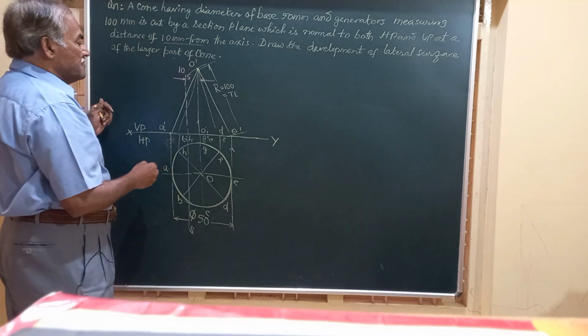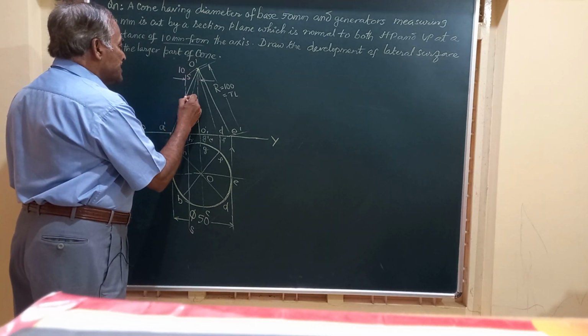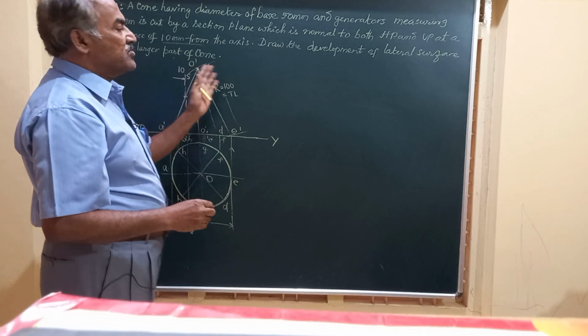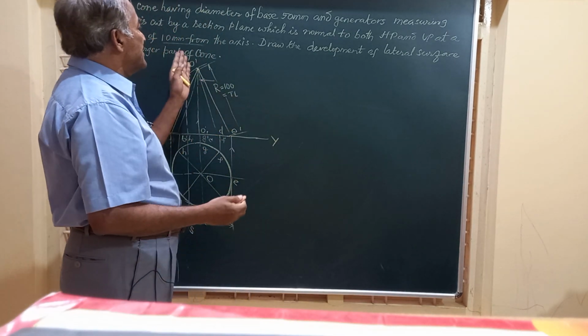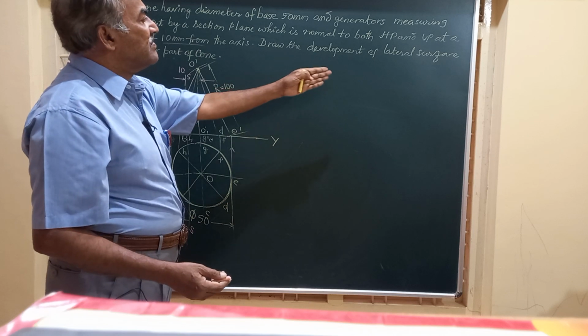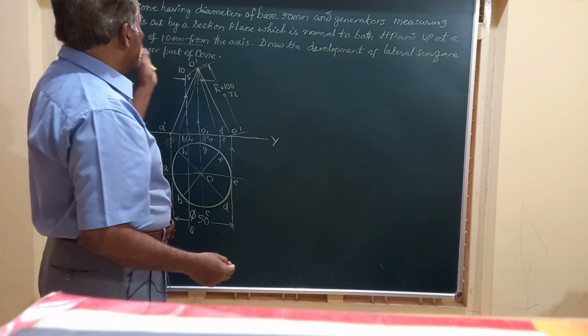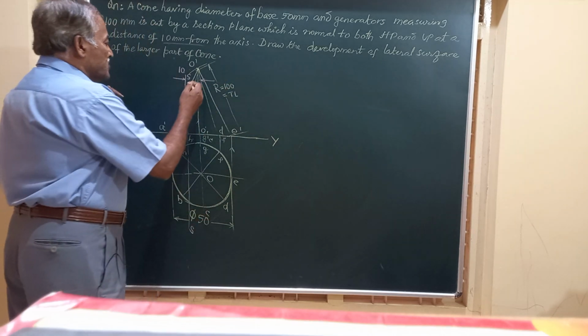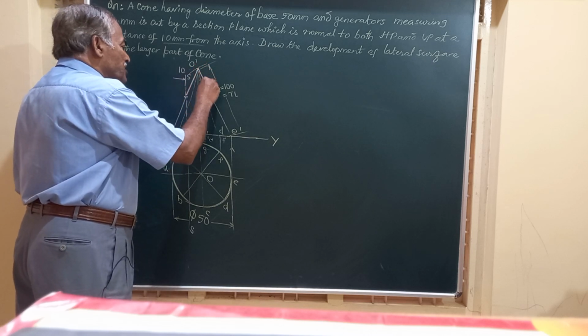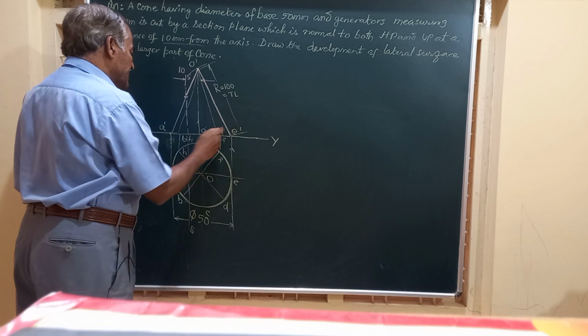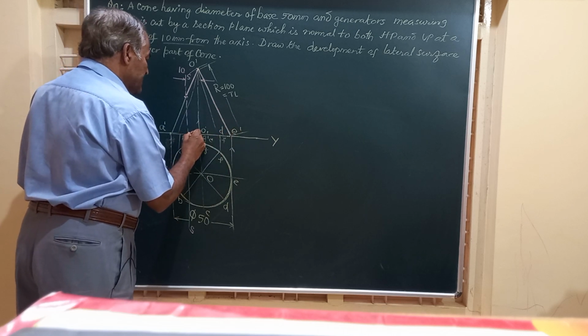And friends, here after the section plane cuts the solid, we are going to retain generally the larger part of the cone, but it is also specified, draw the development of the lateral surface of the larger part of the cone. So larger part is this part, and this part is retained for the purpose of drawing the development.